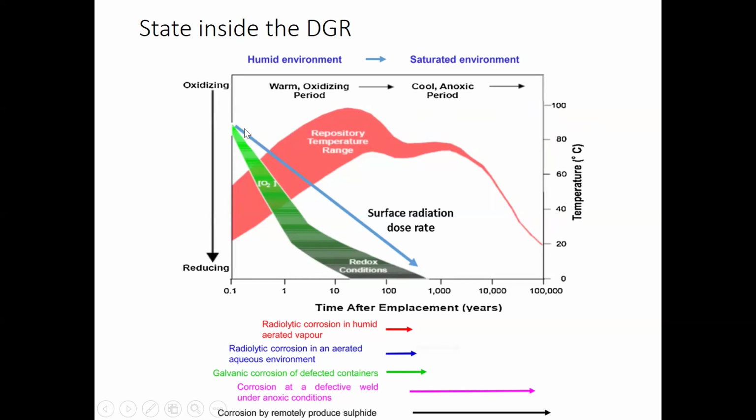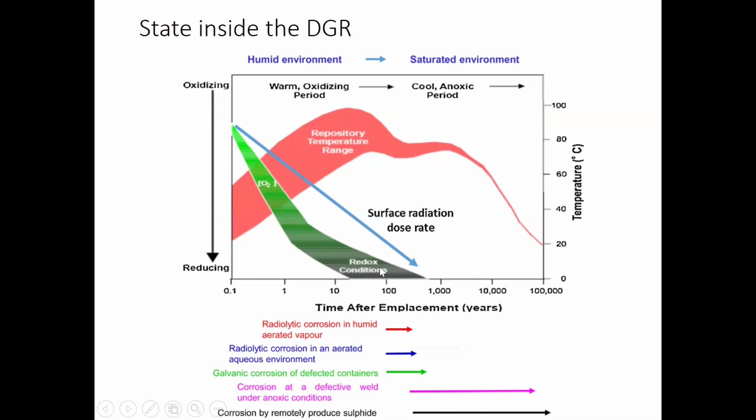Second thing, what's happening with oxygen? This is deep underground in an area that has inherently anoxic conditions. And so once you open up this DGR, you mine your hole in the ground, you're going to see oxygen start to deplete fairly rapidly. To give you an idea, there's a log scale, or an absurdly long scale.